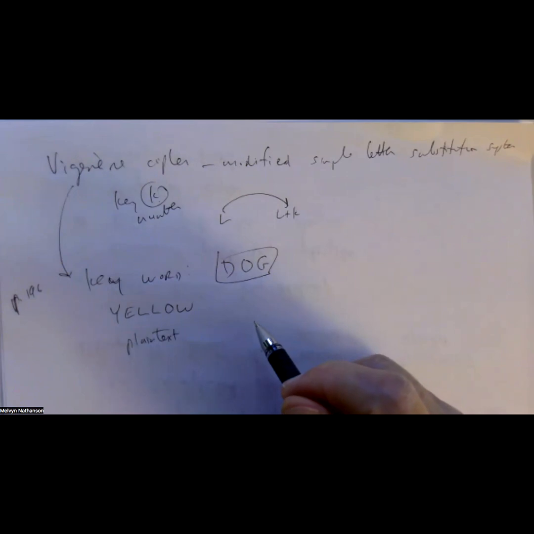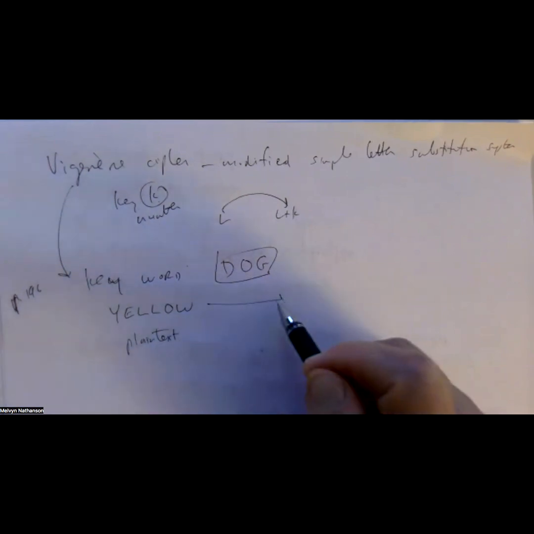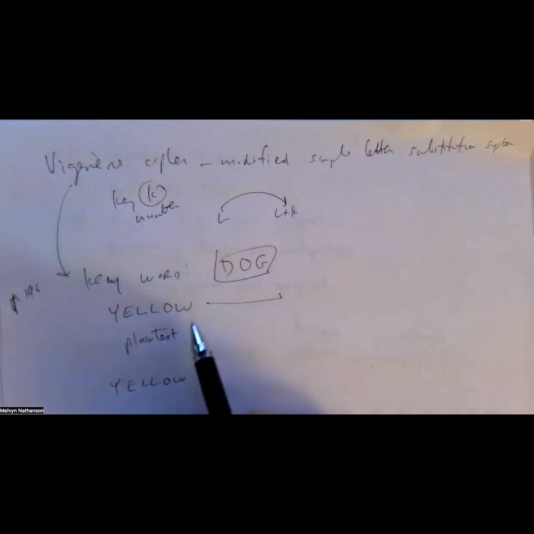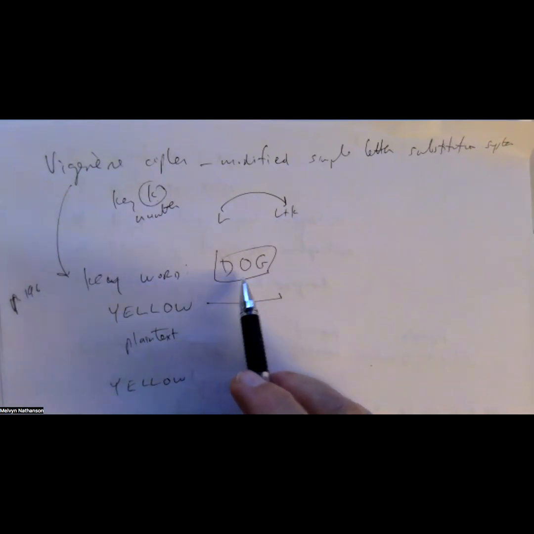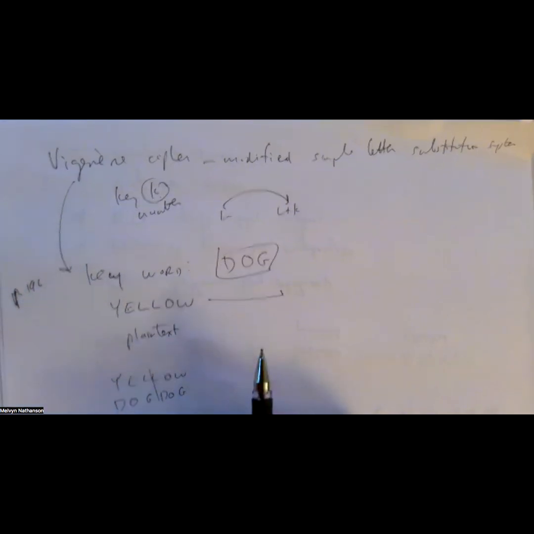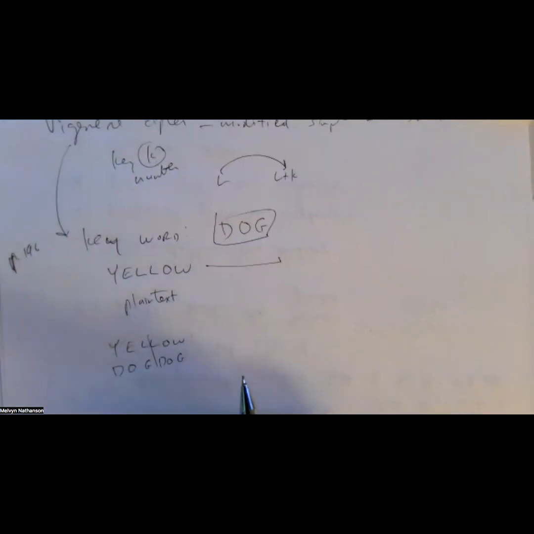How am I going to encrypt it? So here is yellow, and under it, I'm going to just write dog, dog, dog, and so on. It happens that 3 divides evenly into 6, but that's just a coincidence.